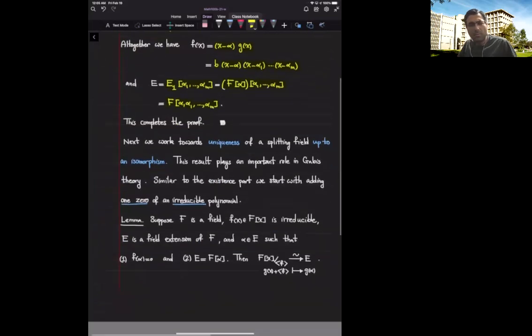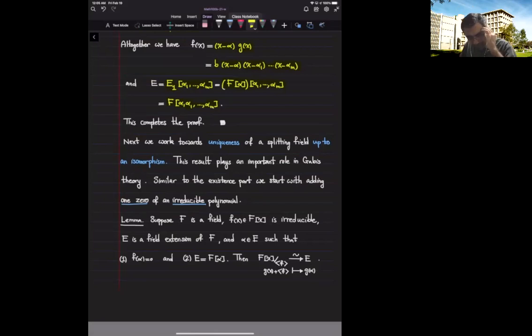Now we are going to work towards uniqueness of a splitting field. So we need to formulate it precisely. What do we mean by that? After we prove this, it's going to play an important role in Galois theory. So pay close attention to the statement of this theorem.